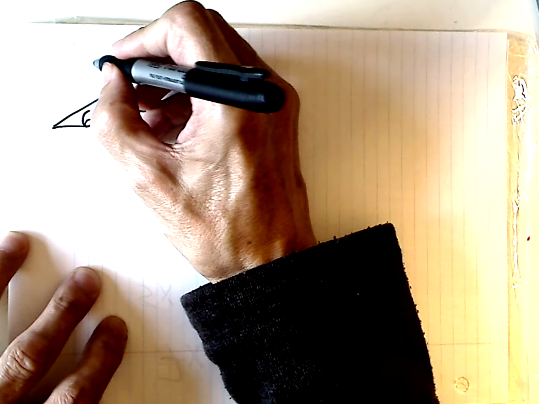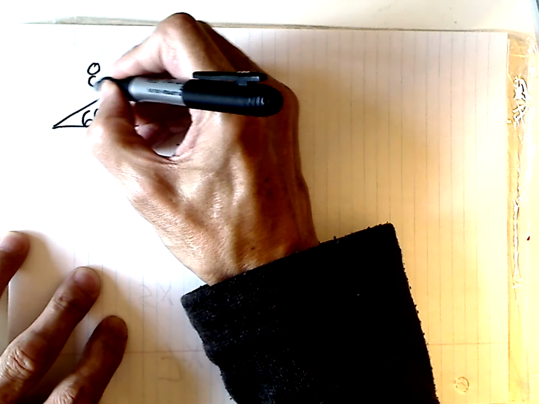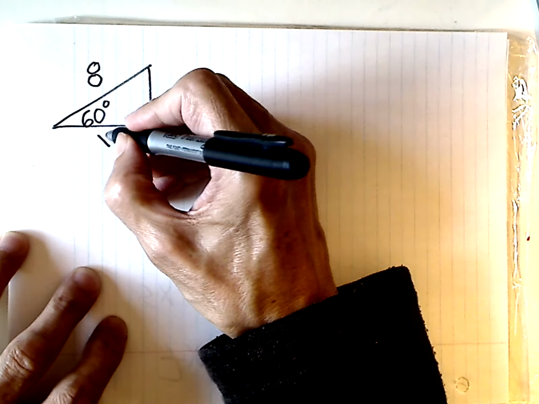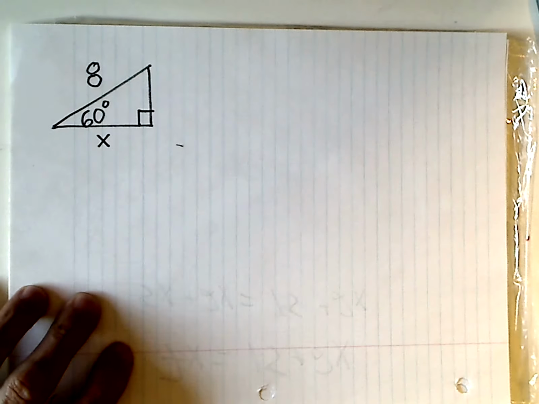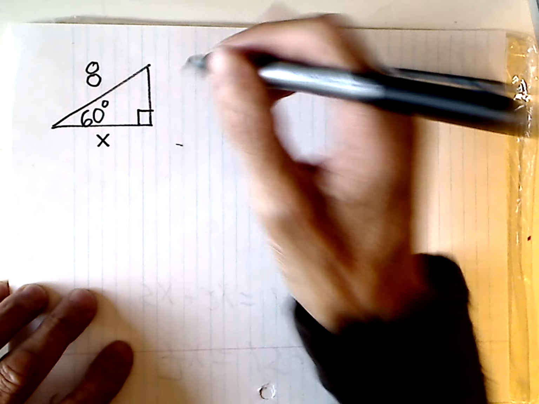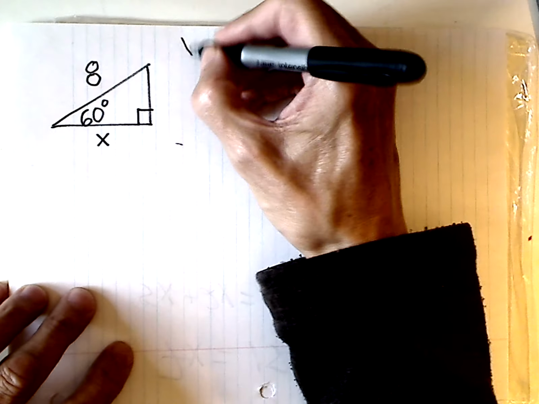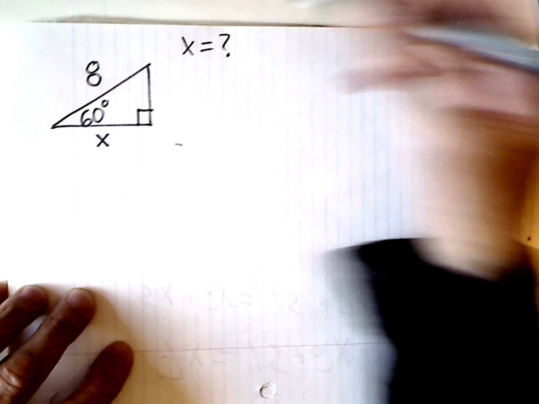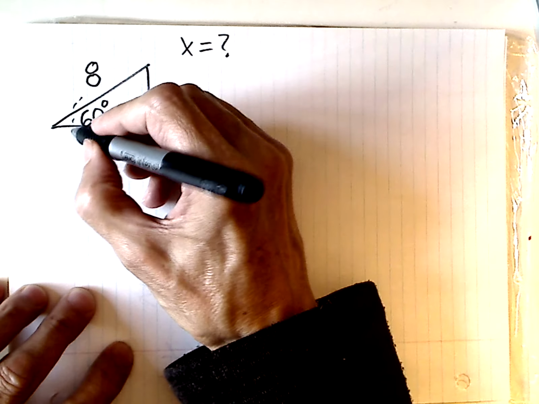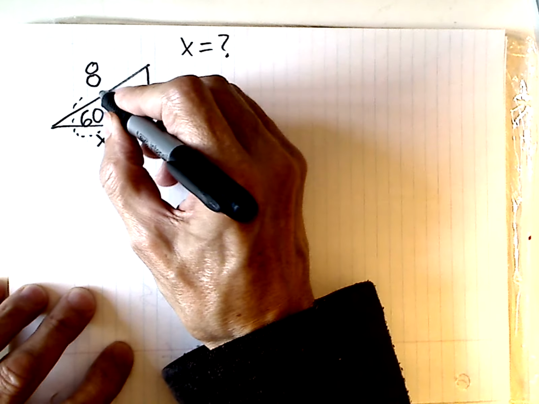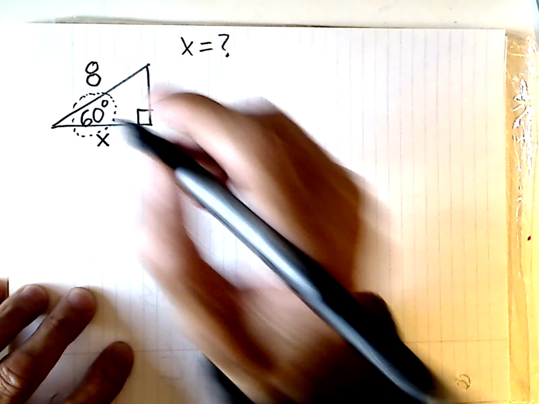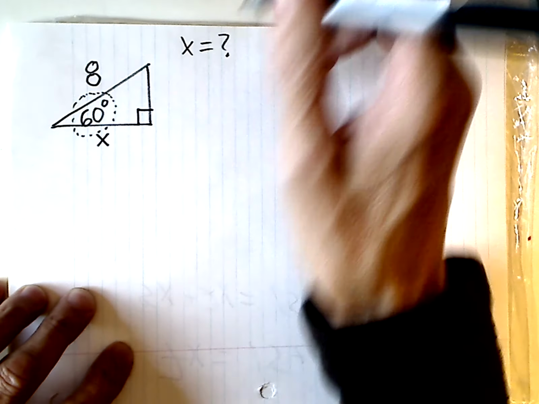Say this is 8. And we'll look for this side instead. So x is equal to what? Circle the angle, even though it seems silly, I know.